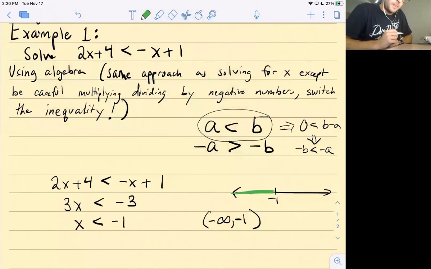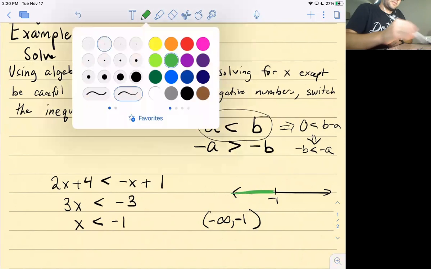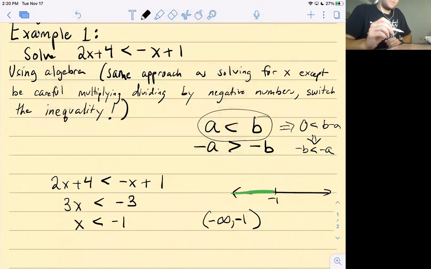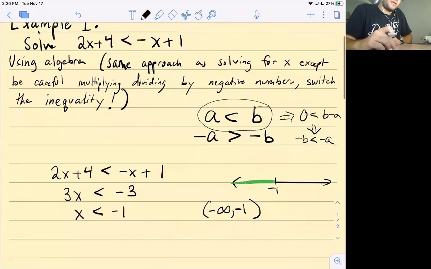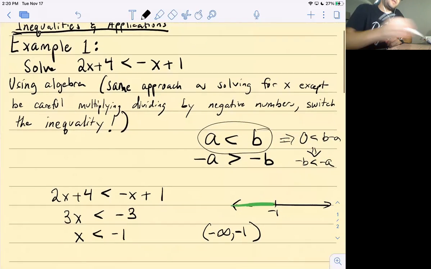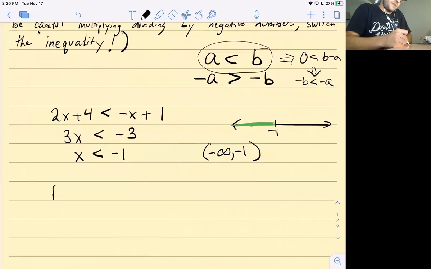Okay. So the other way that they set it up is by looking at the graphs. So you can think of this as f of x, where this is the graph of f of x here. These correspond here.